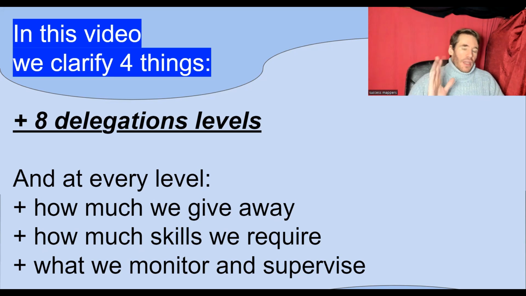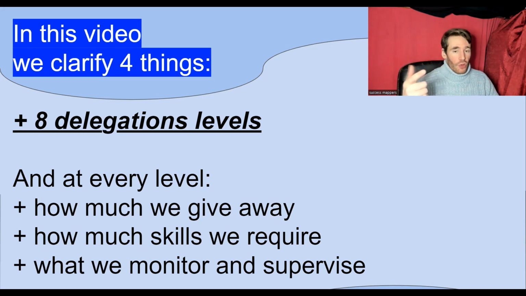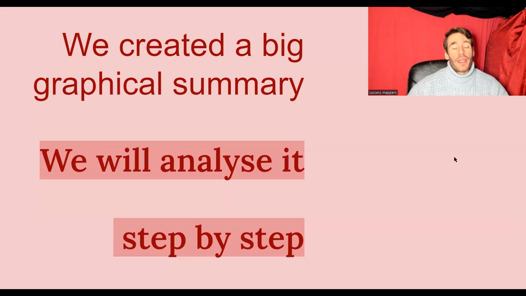At every level of delegation, you will know how much to give away to the specific person, how many skills are required, and what to monitor and supervise. And we created a big graphical summary to make it very simple for you to understand. We will analyze in this video this graphical representation step by step.